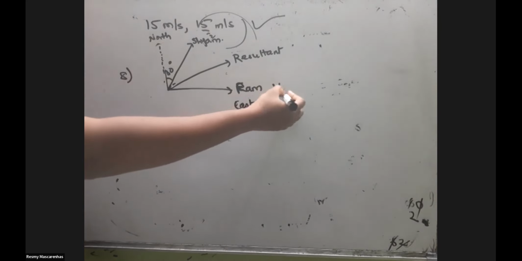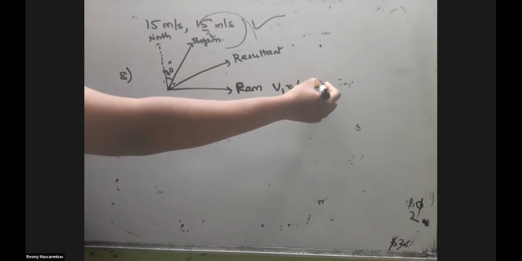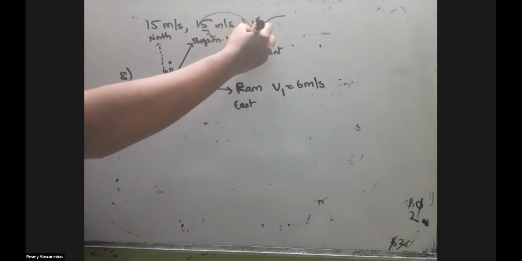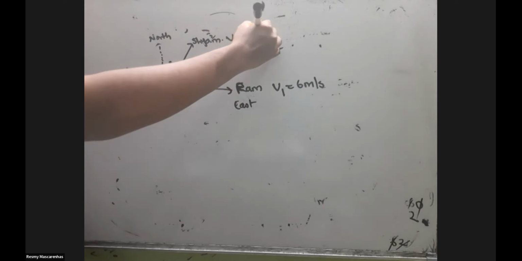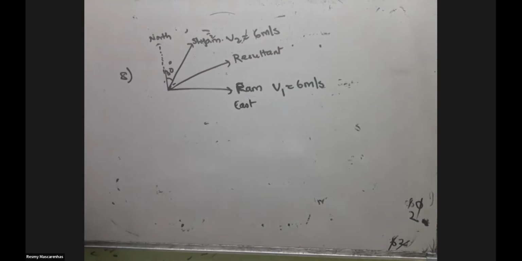Let the Ram fellow be V1, which is moving at 6 meters per second. Sham also is moving at 6 meters per second. What is their resultant magnitude?